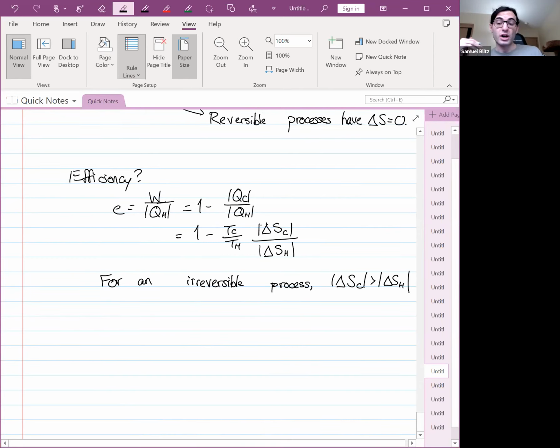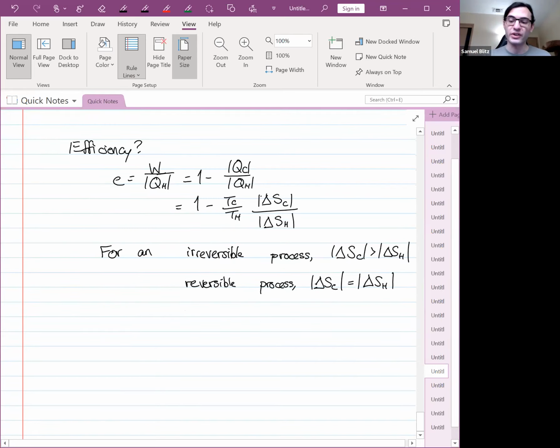But for a reversible process, we know that those should be the same. Delta Sc should be equal to delta Sh. Or rather, we've seen an example where the efficiency is just 1 minus that.